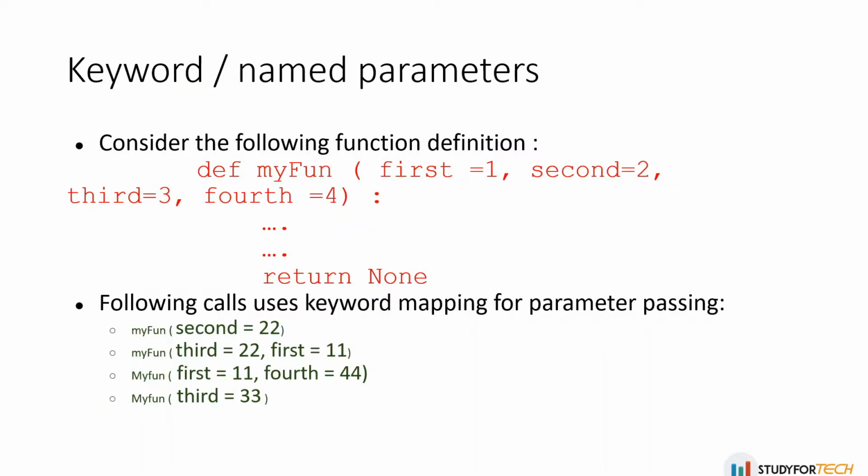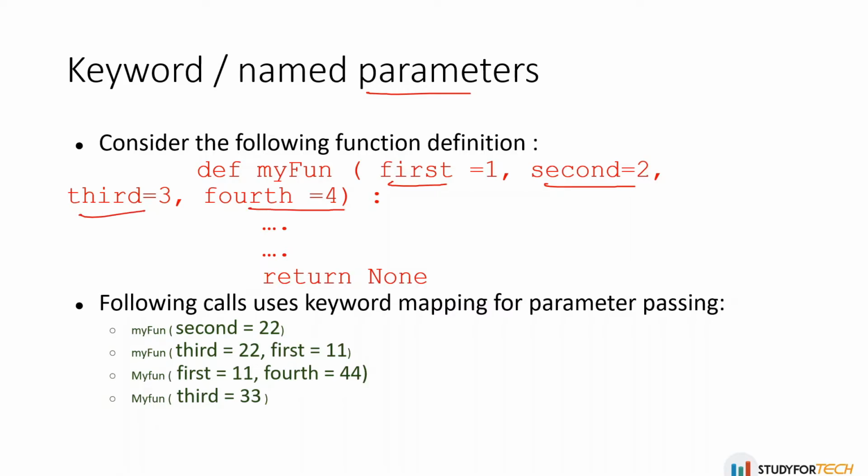Now you can see what keyword or named parameters are. In the earlier slide we passed to the function as positional parameters. Here we are passing as keywords. Here first equal to 1, second equal to 2, third equal to 3 and fourth equal to 4.